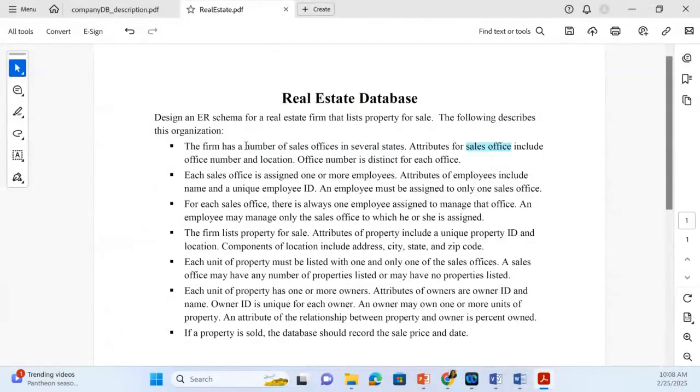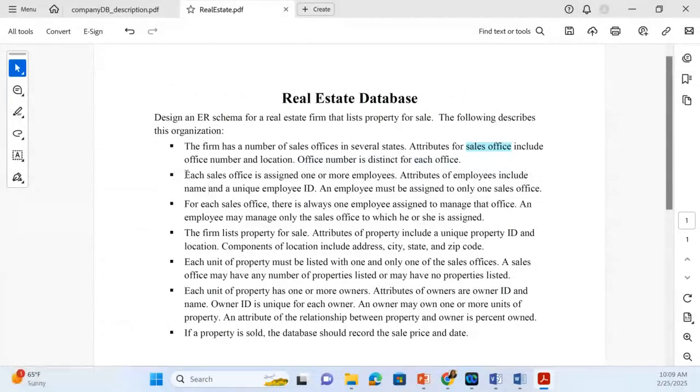If, for example, we want to design for an organization or a cluster of companies, then we may have an entity type as company. Also, office number is distinct for each office, which gives us the idea of which attribute can serve as the primary key for the sales office.